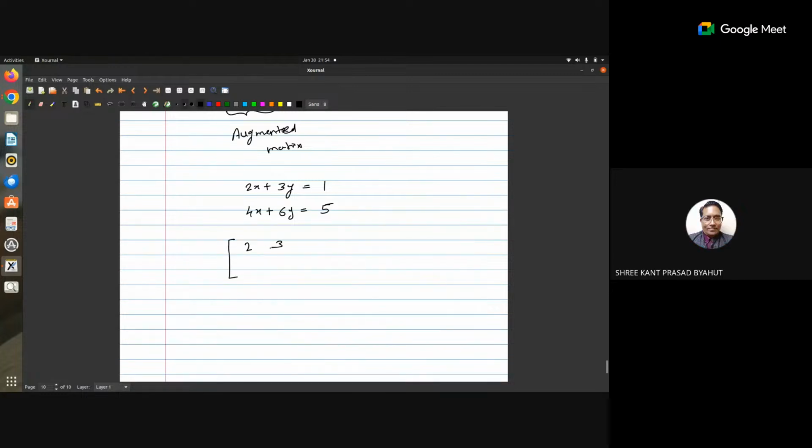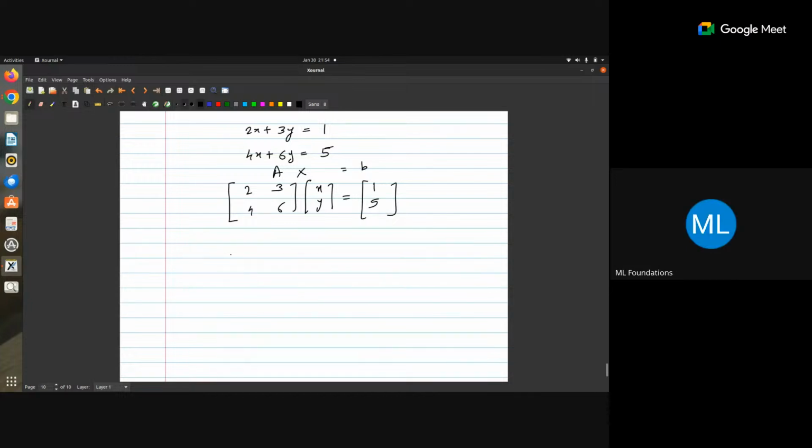A is 2, 3, 4, 6, x is xy, and B is 1, 5. This is Ax equals B, right? Now, what is the augmented matrix here? This is 2, 3, 4, 6, and I'll represent this 1, 5. Is that okay?